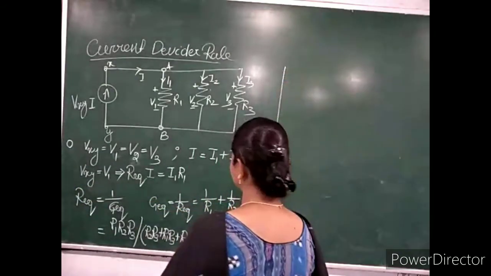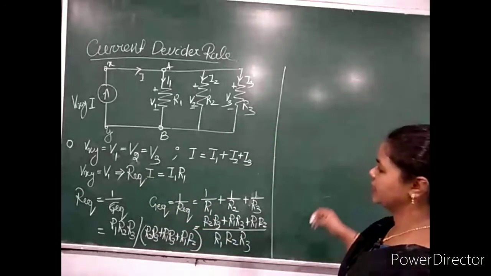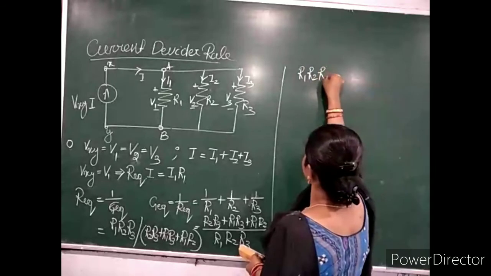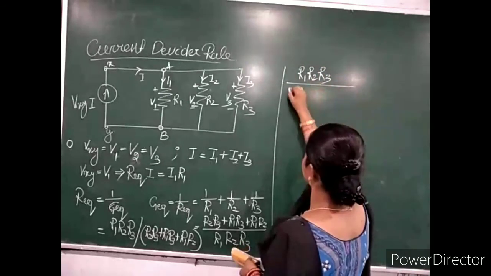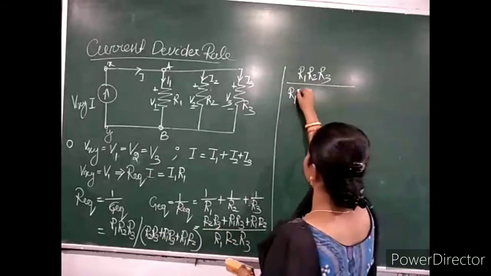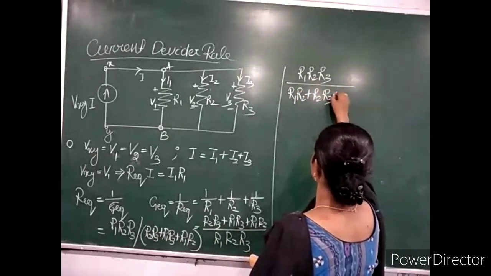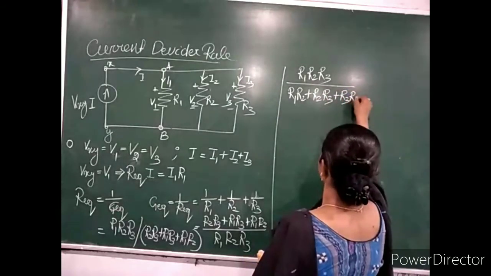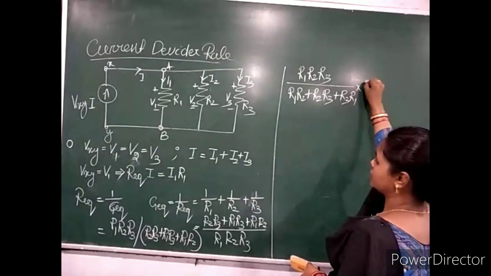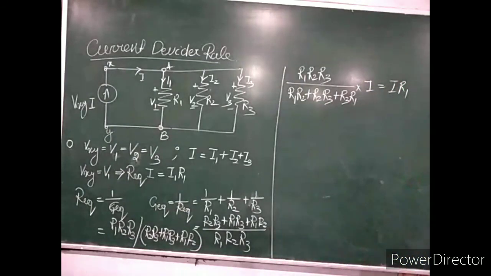If I put R equivalent in this place, I just rearrange the denominator part, into total current I into R1.